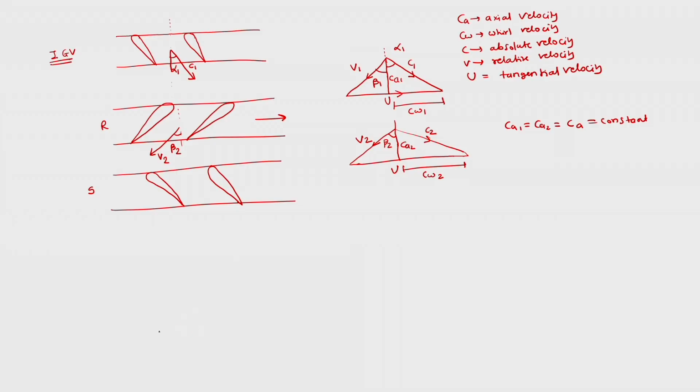we can draw both the velocity triangles together, and in that case we would get this. We will draw it in the next slide. We would get both the velocity triangles in this fashion.